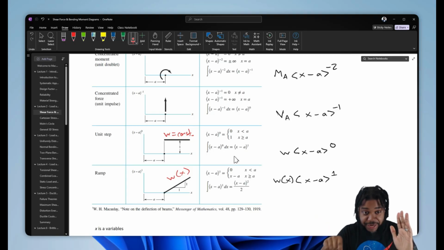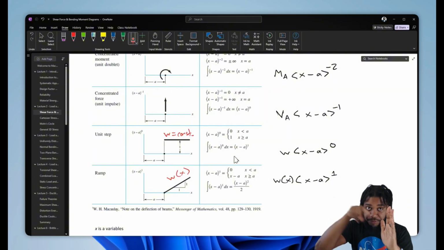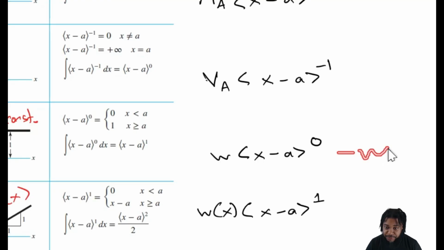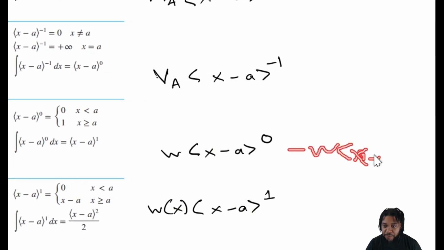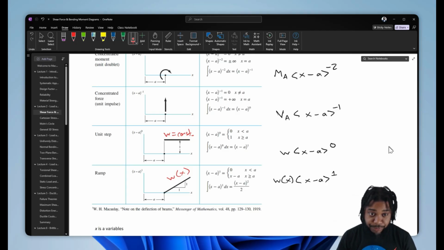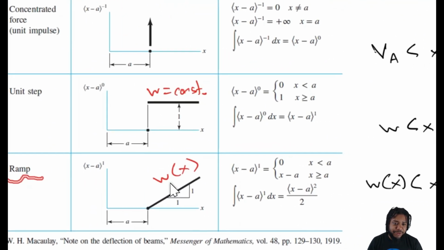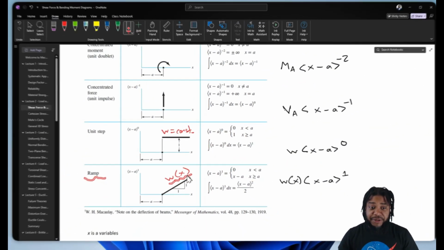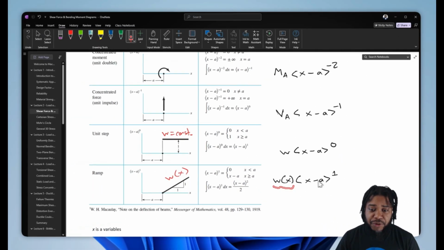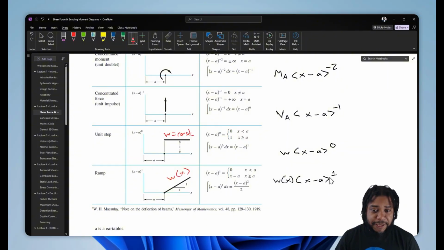If we want to deactivate it, so say we have a distributed load that's applied from a to a certain distance, b, then we'll need to put negative w times x minus b to the 0 so that it's activated from a, and then we turn it off once we get to b. Very important thing to note. And then finally, say we have a ramp. So say we have a distributed load that's not constant, but it's a function. In that case, w as a function in brackets to a power of 1 will give us that activation.